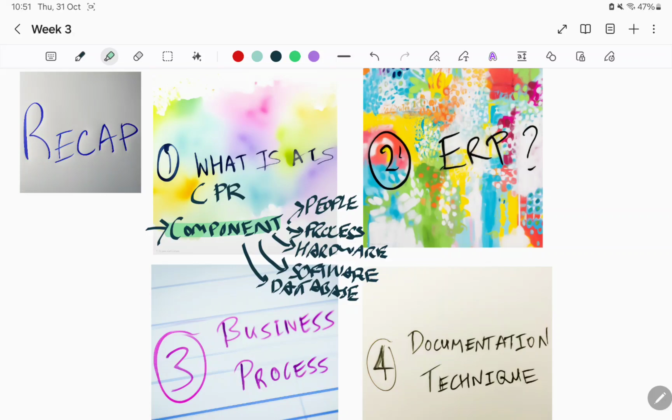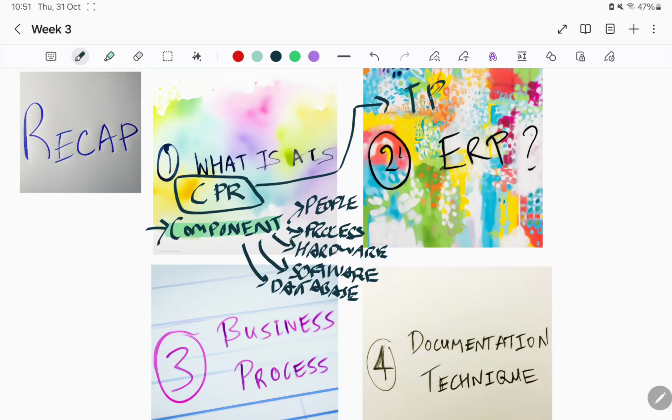The second part of this recap is the ERP. So what happened is that this CPR, let me just go back here, actually focused on what we call TP, which is transaction processing.